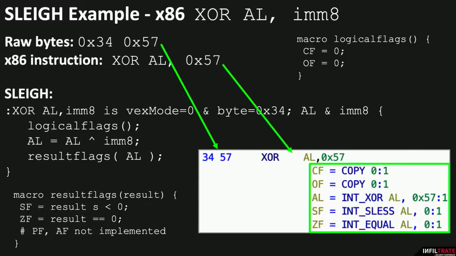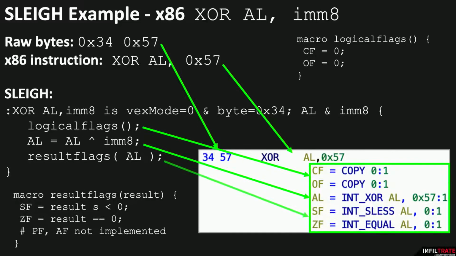Then we see the opcodes themselves, XOR, AL, 57. And then looking at the P code, we see the logical flags operations, setting these two flags to 0, right there. We then see that AL is XOR of AL with 57. And then we see the results flags. So based on how the comparison went, we'll set the flags accordingly there.